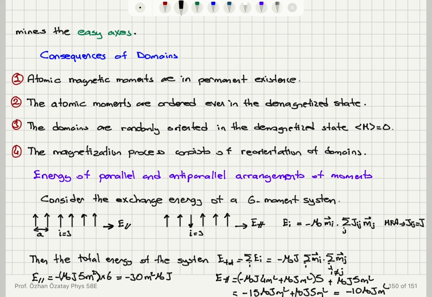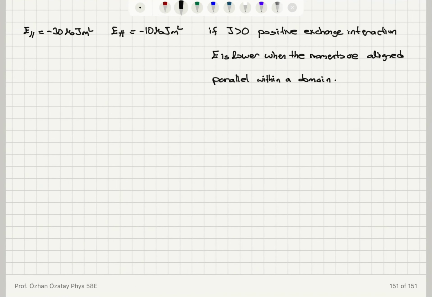But then for the third moment, if I write the energy of the third moment, I have plus mu 0 J 5 m squared. So that gives me minus 10 mu 0 J m squared. So I see that the parallel configuration energy is lower if the J coupling constant is positive exchange interaction. So the moments are aligned parallel within a domain.